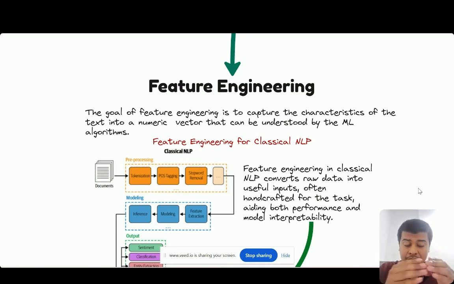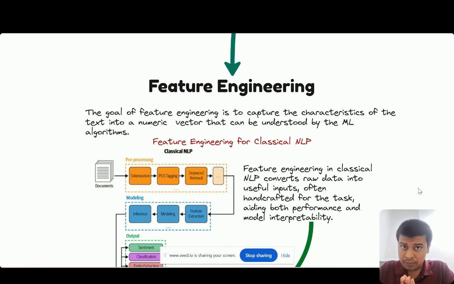And then we have the deep learning approach. In the classical NLP approach, we'll be using machine learning methods, and for feature engineering in machine learning methods, we use a lot of handcrafted rules or handcrafted processes or steps. The main goal of feature engineering is to convert all of the textual data into numerical form. That is the overall goal.